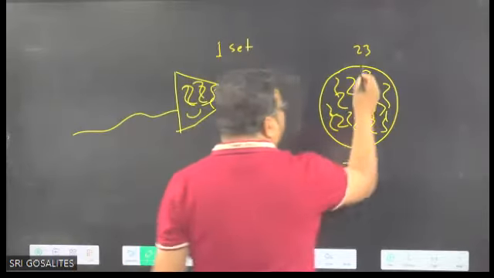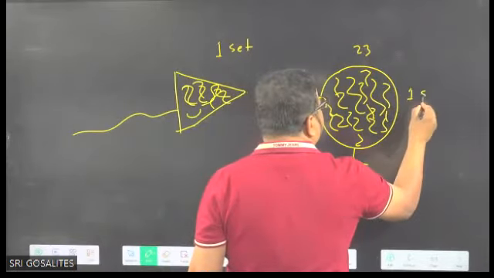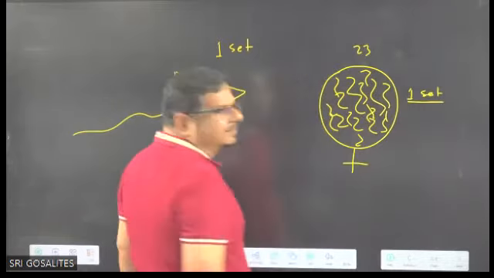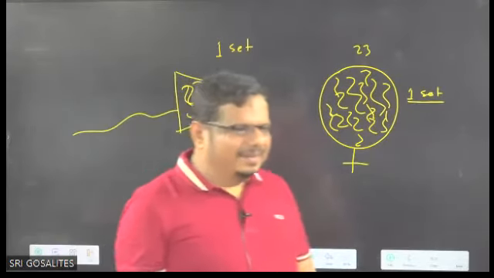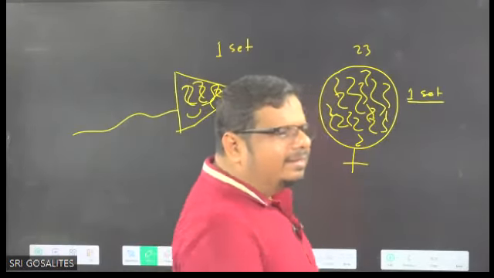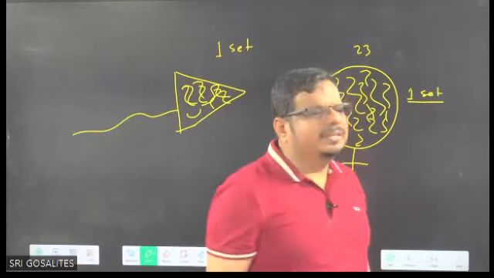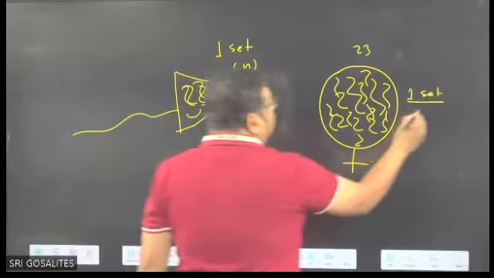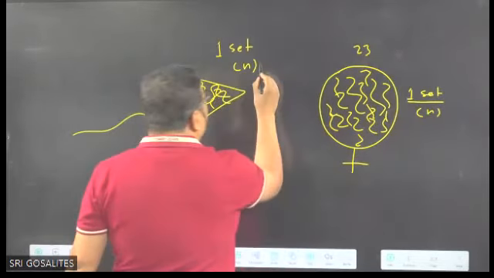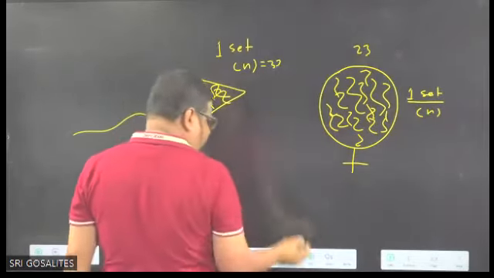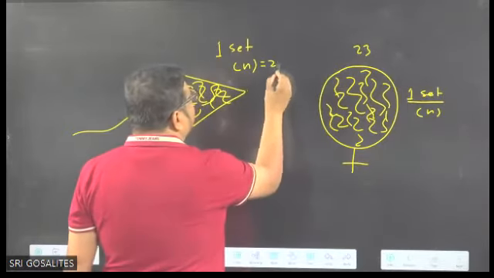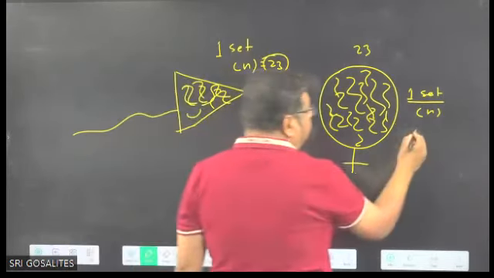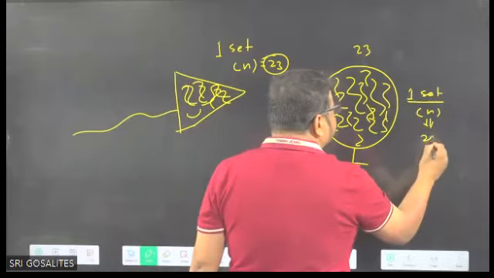And here also these 23 chromosomes are called how many sets? One set. Did you get the set? So in one set of the human, how many chromosomes are there? One set is called N. So N equals how many? 23. Here also N equals how many? 23.